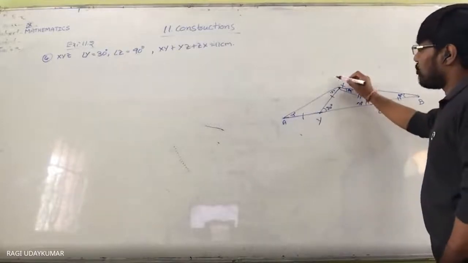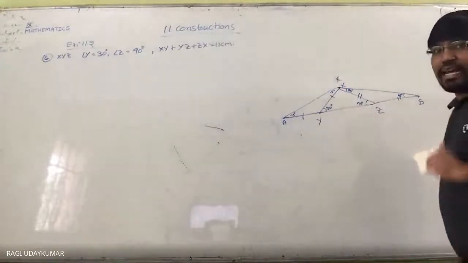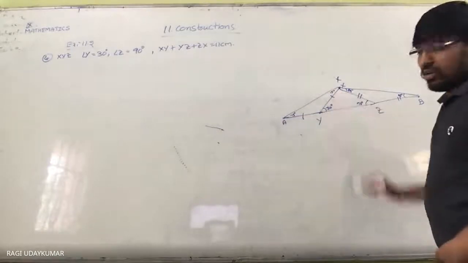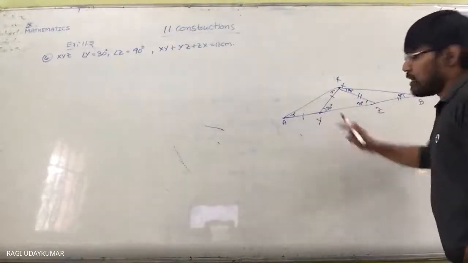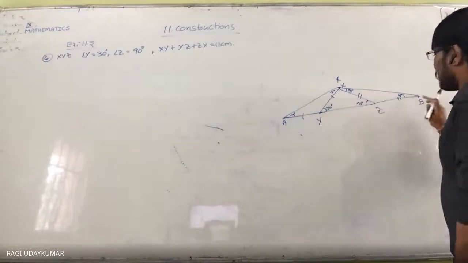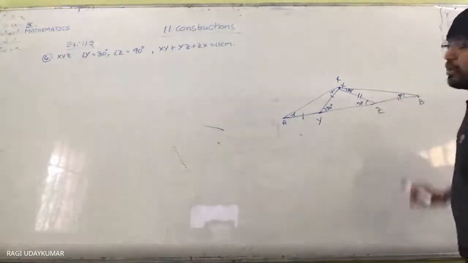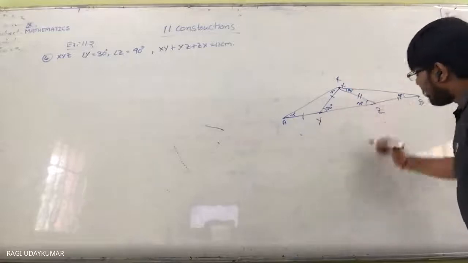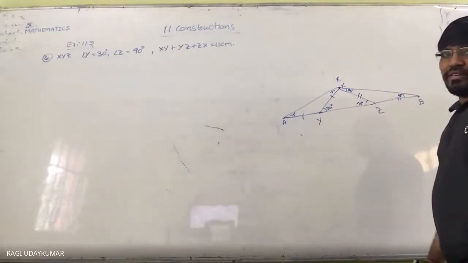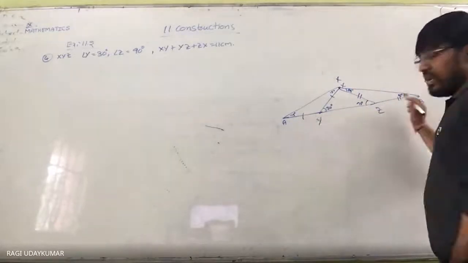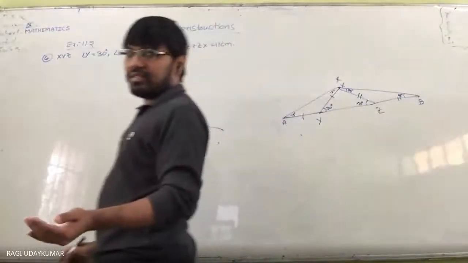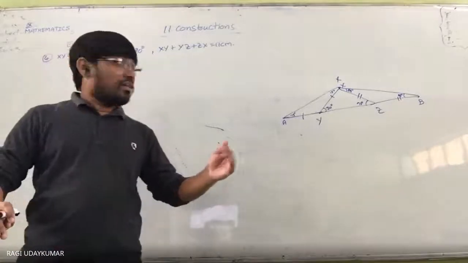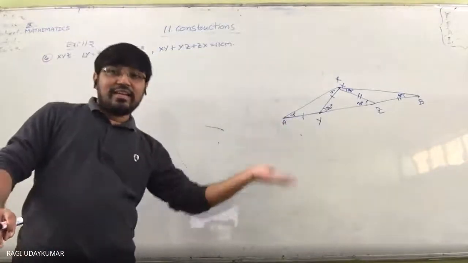These two will intersect at a point X. Join AX and draw its perpendicular bisector; it cuts AB at a point Y. Join BX and draw its perpendicular bisector; it cuts AB at a point Z. We got it. So this is a rough figure from the backward angles, and I have explained it.